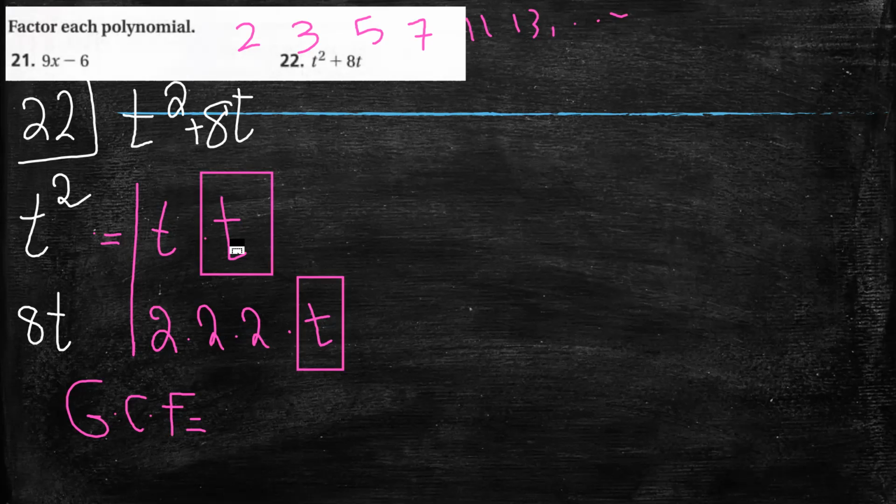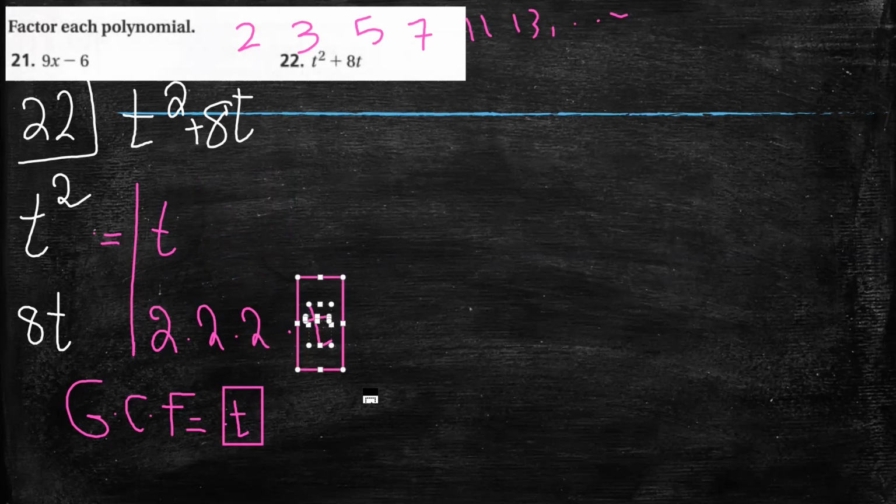I will say here now, the greatest common factor is t. And this one, I don't want it because I take the common, which the common here is what? Is t.